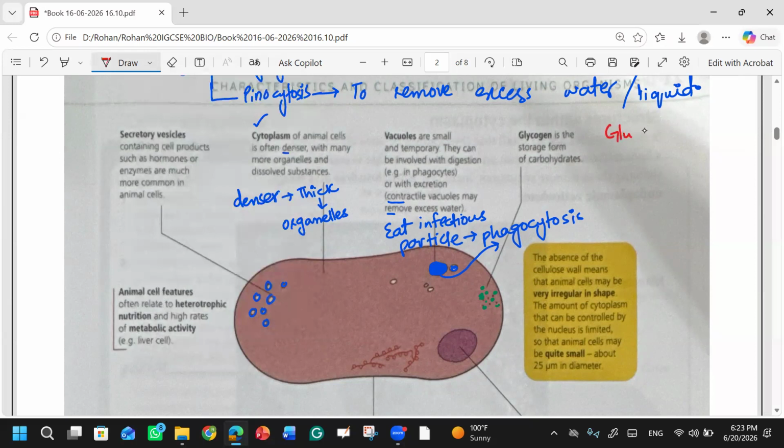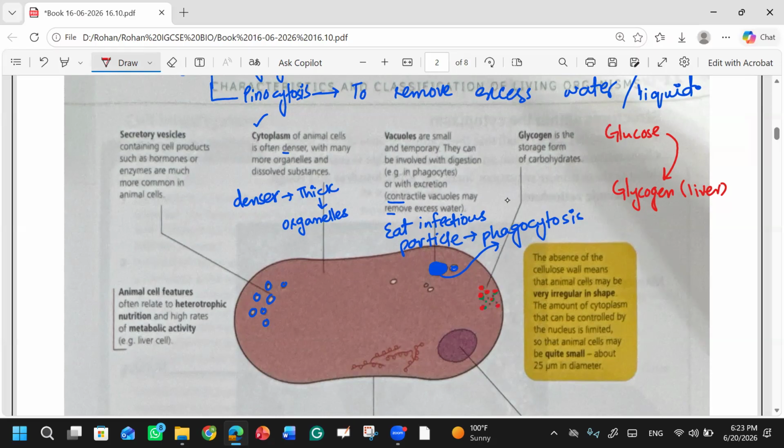So the extra glucose converts into glycogen, and this conversion happens within the liver. Whatever food we take, let's suppose you have taken bread in the breakfast, and your body needs half of the glucose from that bread. The other half will not be wasted. It will be stored for future purpose.